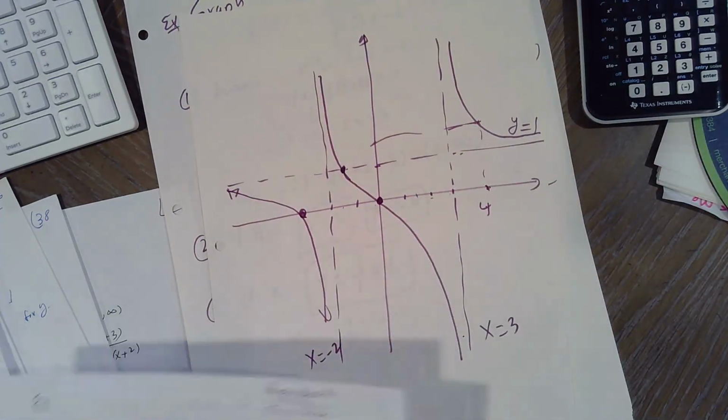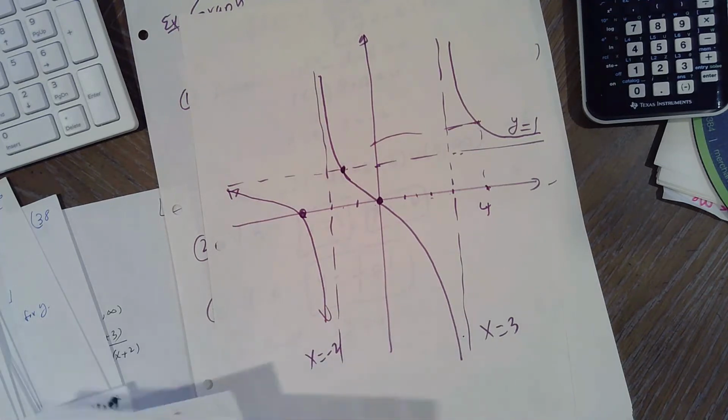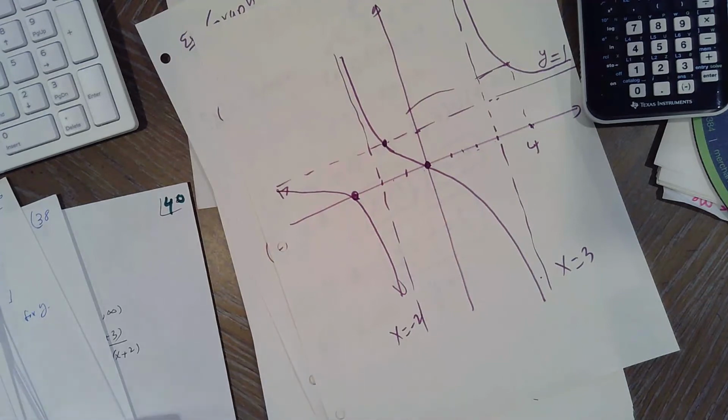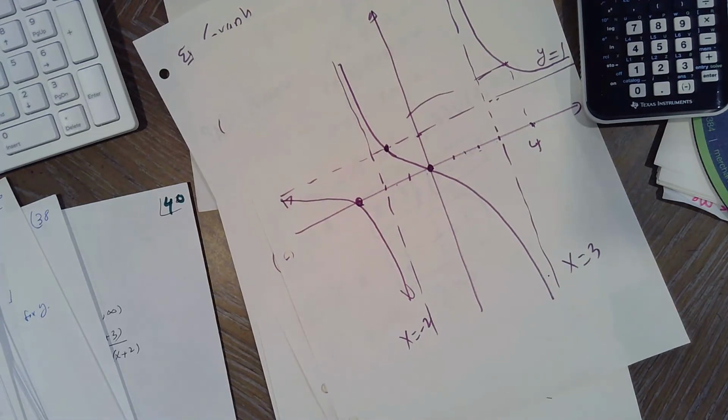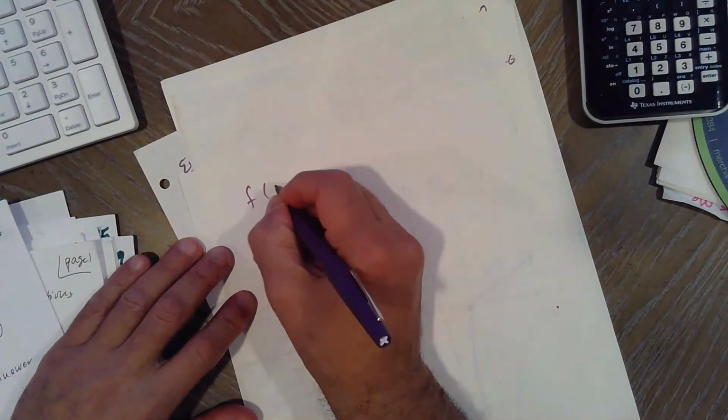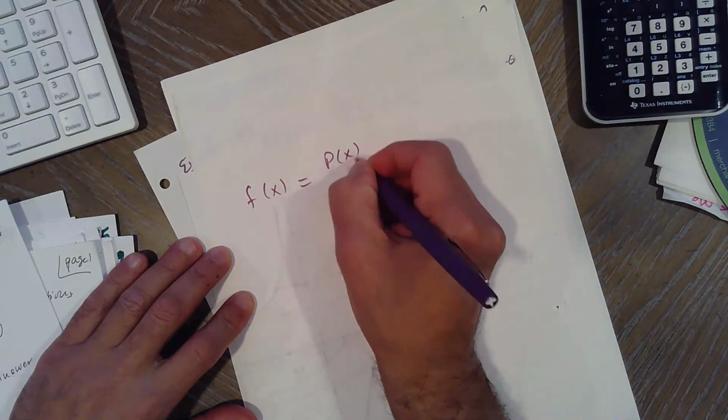Now, I want to talk about slant asymptote. On page 43 in your notes, slant asymptote. So remember, we're dealing with rational function.